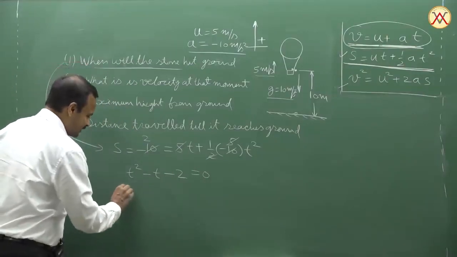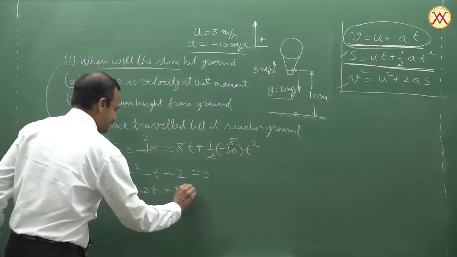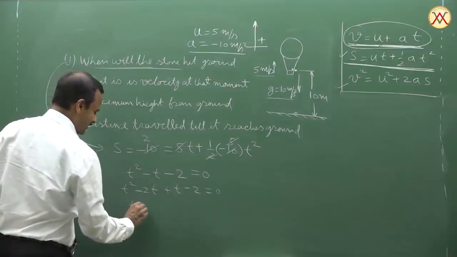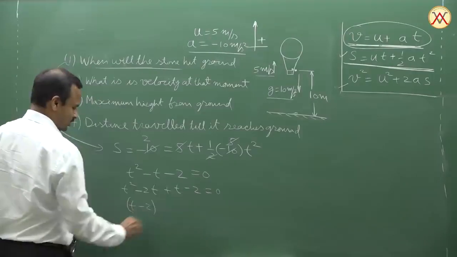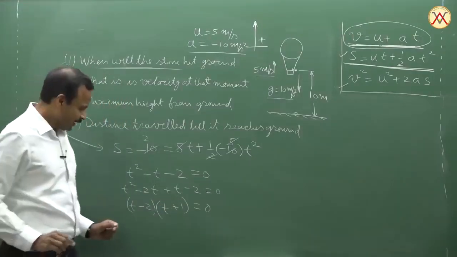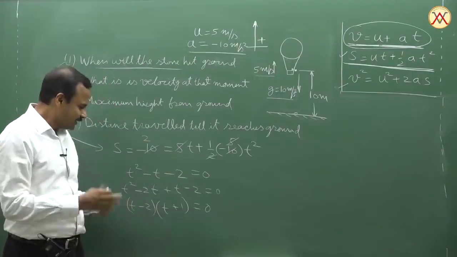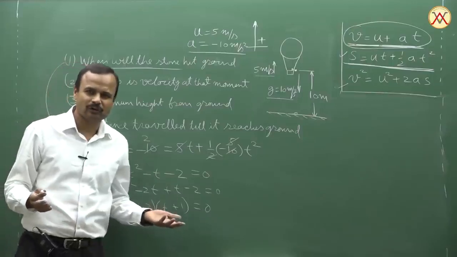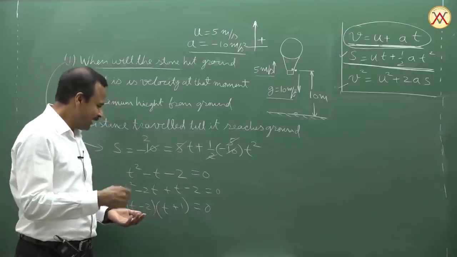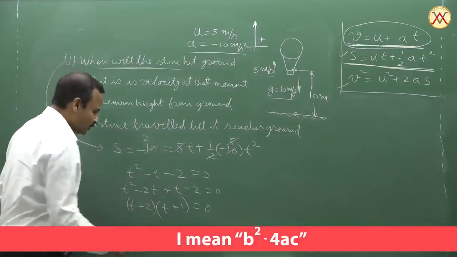This can be factorized: t squared minus 2t plus t minus 2 equal to 0, and you get the factors as t minus 2 and t plus 1. Simple maths. If it is not possible to factorize, then of course you have to use the formula for roots, which is minus b plus minus square root of b squared minus 4ac divided by 2a. But it's not needed here.